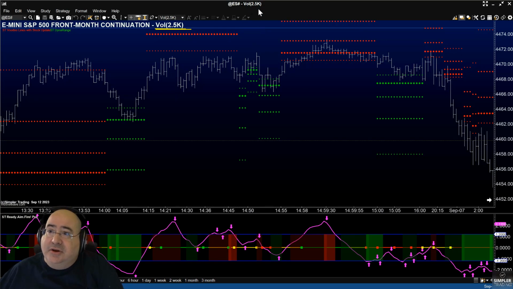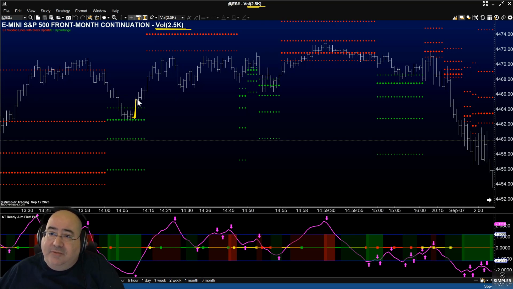The reason you can only build the chart on those two platforms, at least as far as platforms that have Ready.Aim.Fire Pro available, is this is a 2500 volume chart. That is, it starts building a new bar and continues in this one bar until 2500 contracts cross the tape.